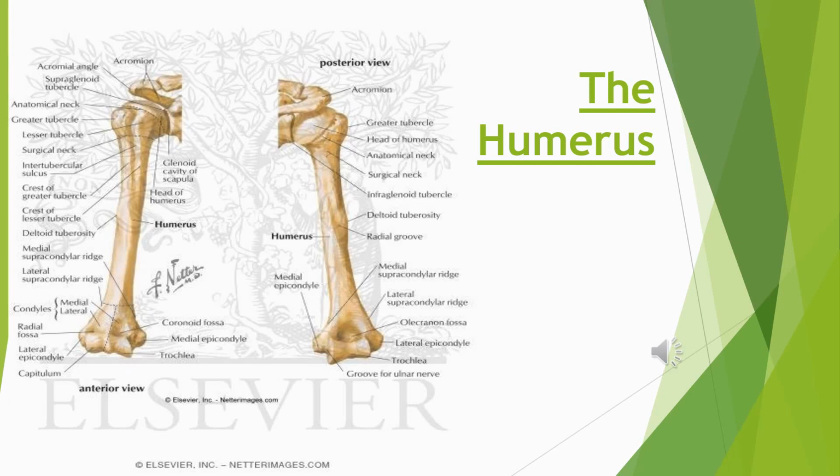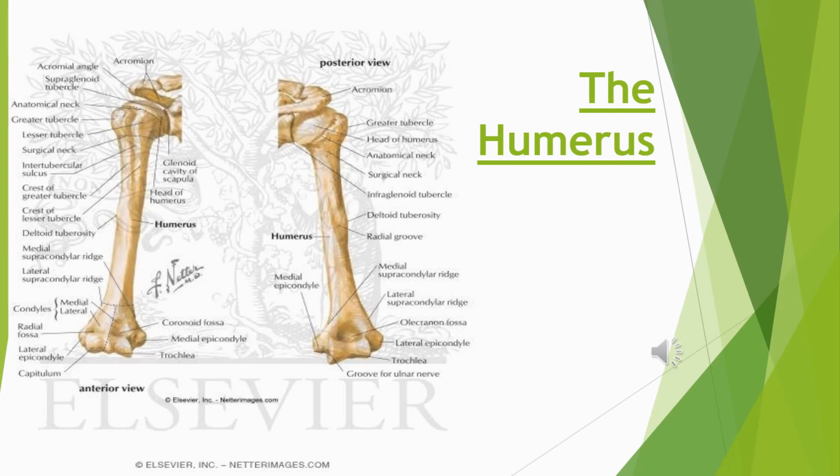The significance of the intertubercular sulcus and these two lips on both sides of it is the attachment of three major muscles, namely pec major, which is attached to the lateral lip, teres major, which is attached to the medial lip, and latissimus dorsi, which is attached to the intertubercular sulcus itself.